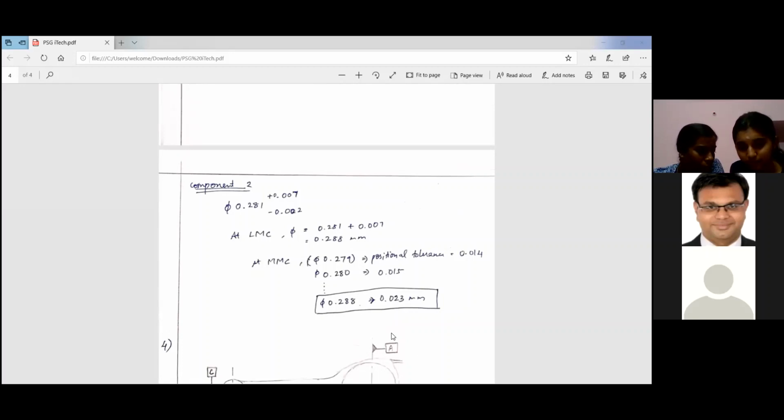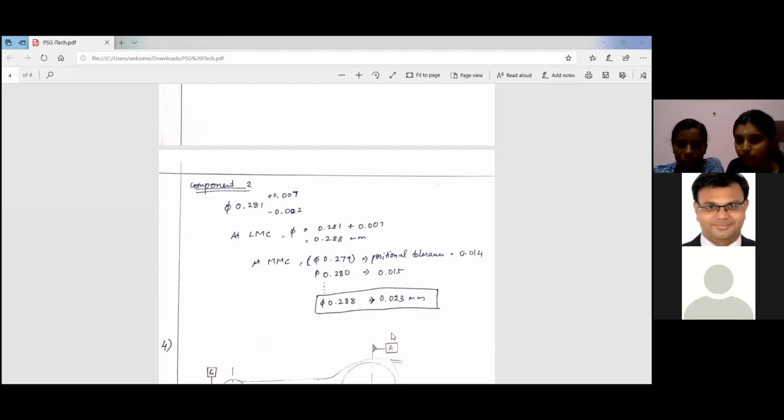See, when you go from 0.279 to 0.288, right? MMC is okay. MMC is 0.27. Okay, 0.04. 0.04 when you add to 0.09 is 0.014.